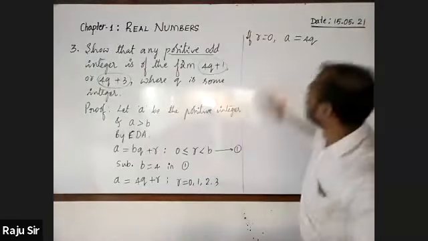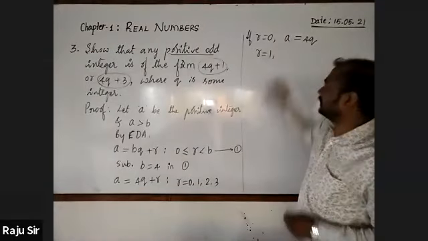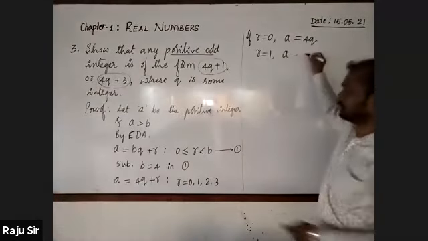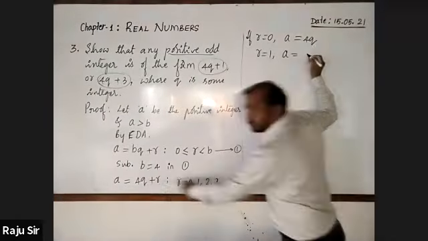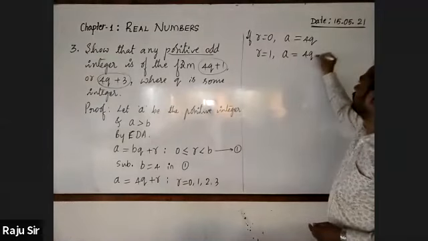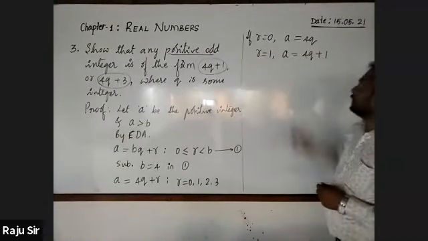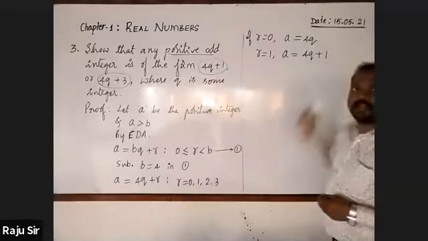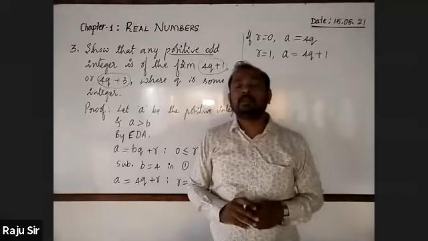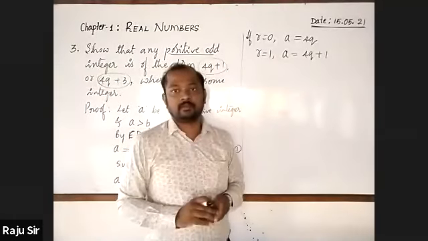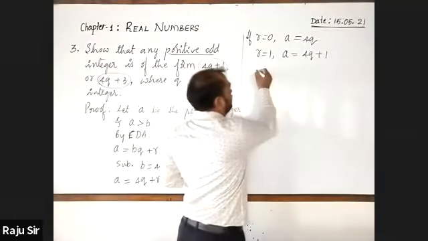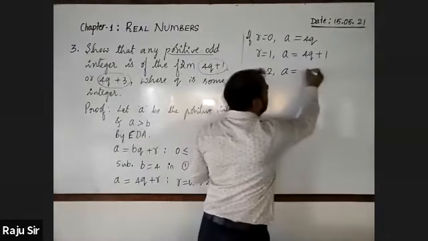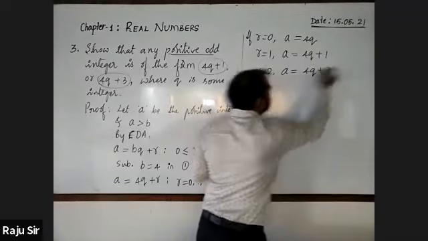Next, r equal to 1. If r is equal to 1, then we can write a is equal to 4q plus 1. We know that 4q is an even number. If 1 is added to any even number, you get an odd number, right? Next, if r equal to 2, then a is equal to 4q plus 2.